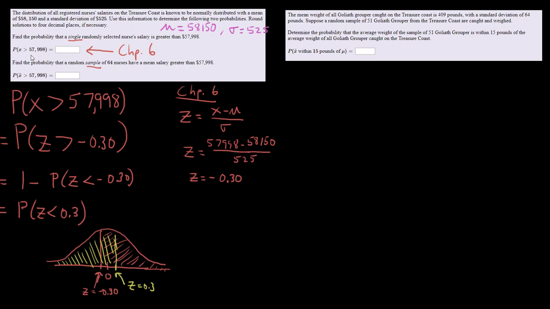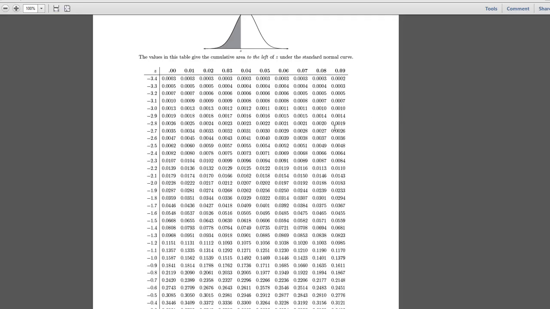So either of those two methods will get you the exact same answer. Give me just a moment, and I will bring up our z table. All right, so we're looking for positive 0.3.